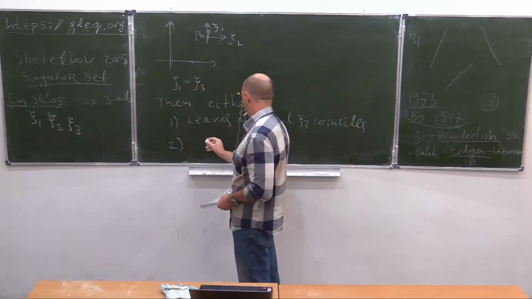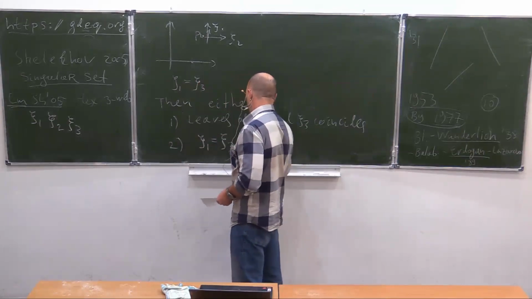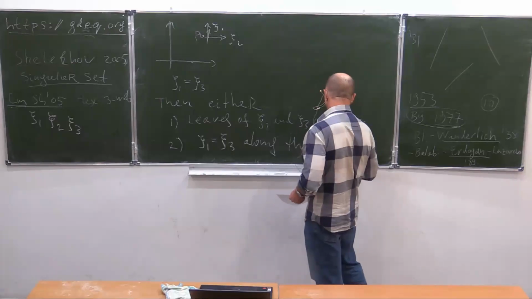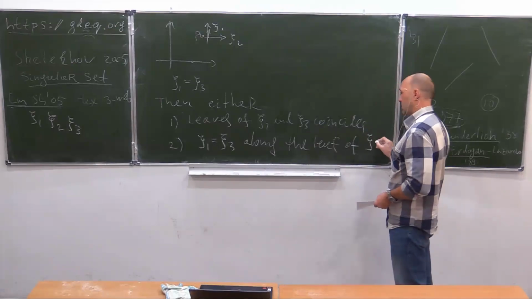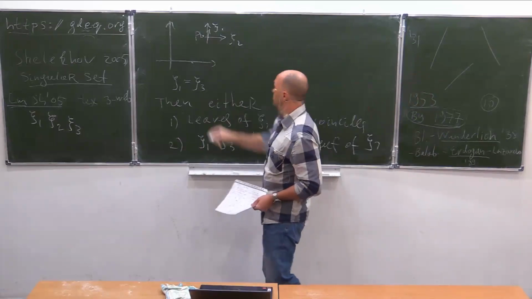Or Psi1 equals Psi3 along the leaf of Psi2 through the point P0.